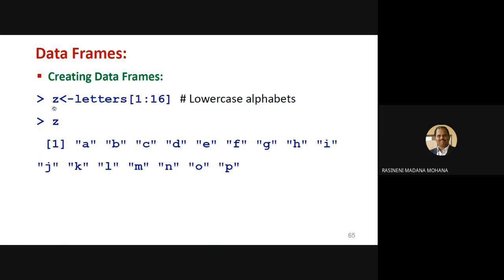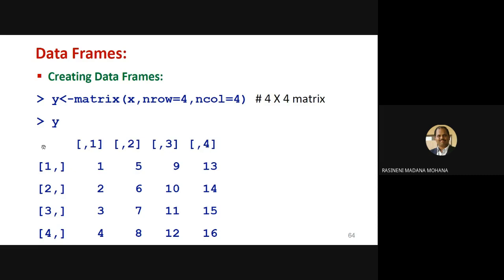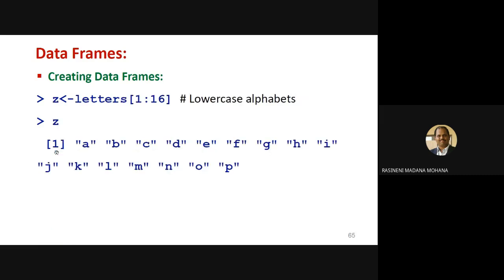Now another vector we are creating using LETTERS, all the uppercase alphabets, with a range mentioned within square brackets. If you want all, you can use the default total, or if you want a specific range, suppose I want 1 to 16. Now Z. So we created a vector x, a matrix y, then a vector z.